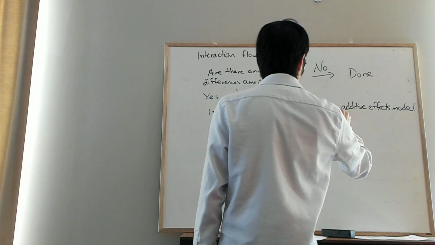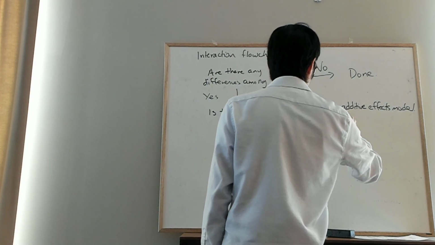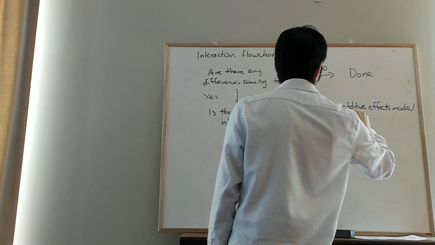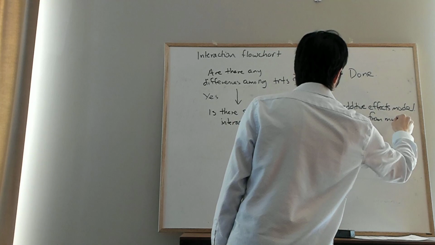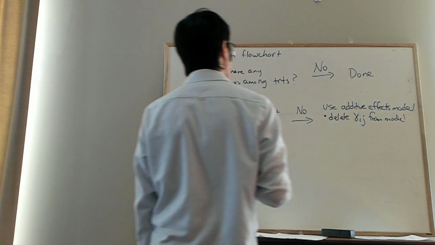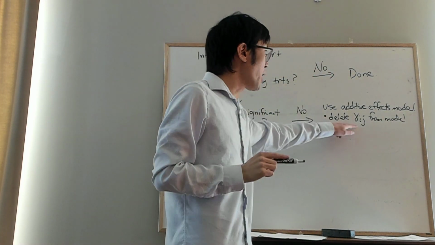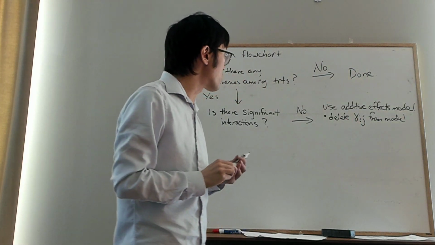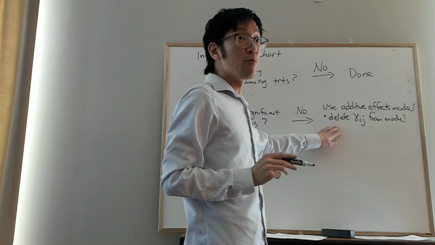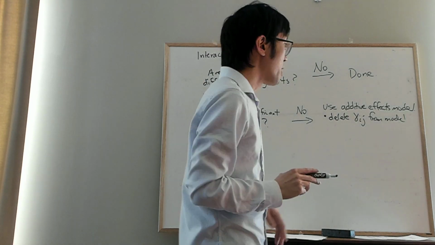What that means is we delete the interaction term, gamma ij, from the model. And when we delete the interaction terms, that takes out one row in the ANOVA table.